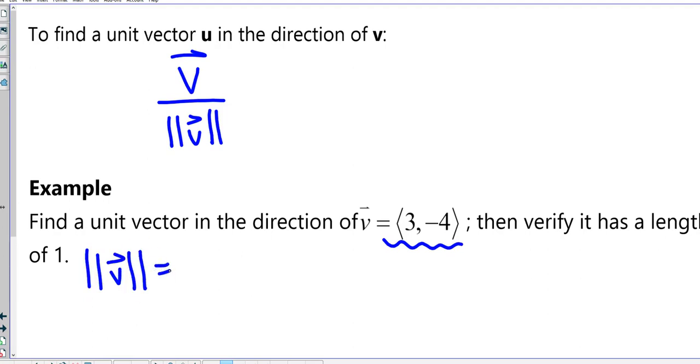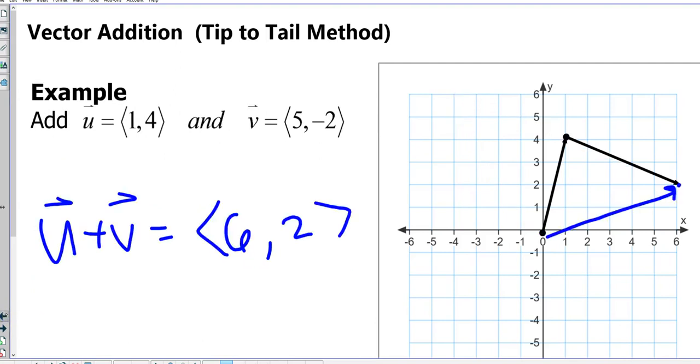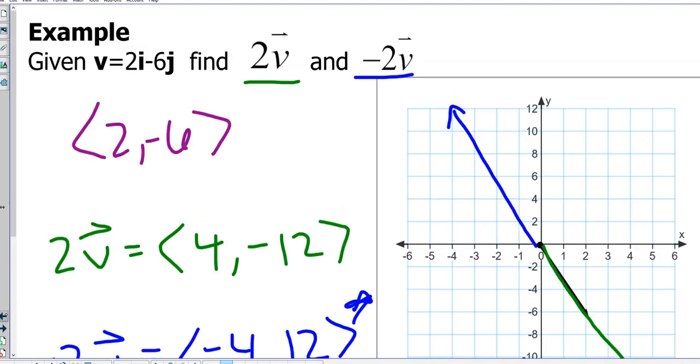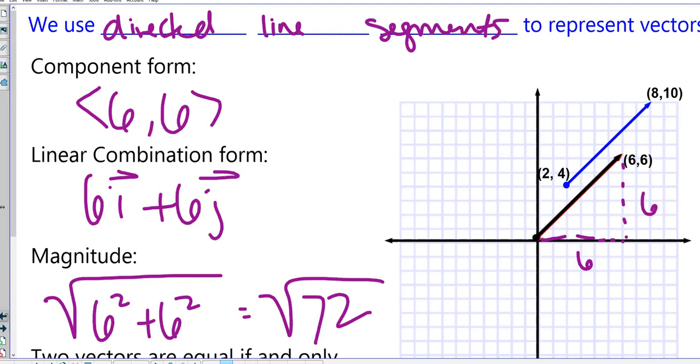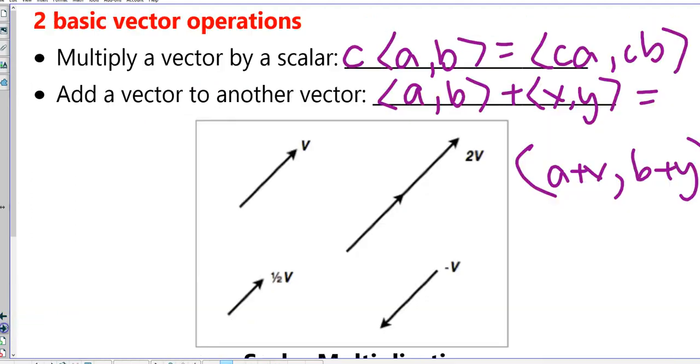Let me go back a few slides. How did we find the magnitude? Distance formula, right? Square root of the x component squared plus the y component squared.